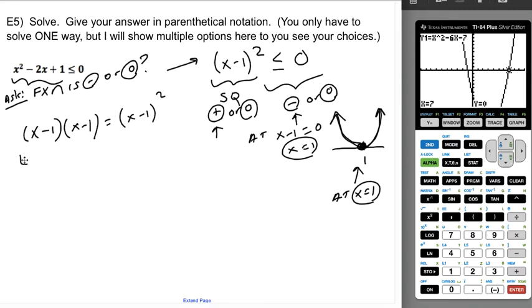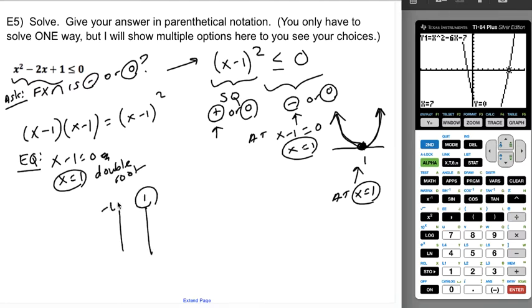The other way to do it is to notice in this equation that you end up getting the same answer twice, that you get x equals 1 as what's called a double root, right? It happens twice. So on your sign chart, the only number that's going to go on there is 1, but your factor needs to show up twice because it's a product of this factor twice. So if you do this times this, you're going to get a negative, then a 0, then a positive, and then a negative, and then a 0, then a positive, right?